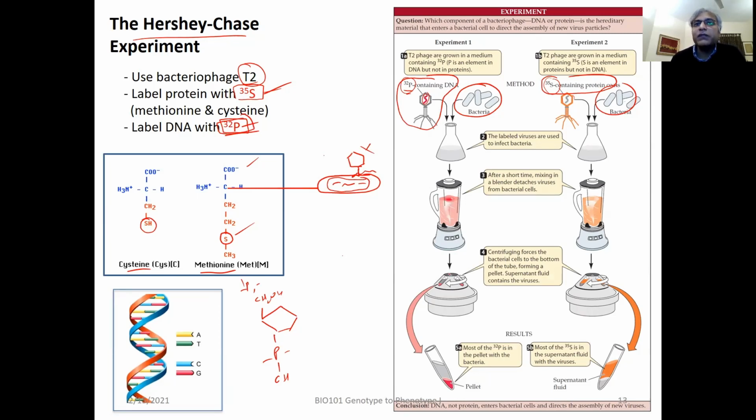Now, it was followed by high-speed centrifugation. They spun whatever material was here in specialized tubes, using centrifugation machines, and then in the centrifuge tube they wanted to see where the radioactivity is present, P32 or S35.